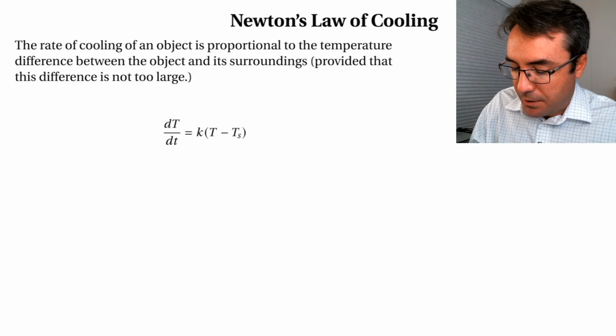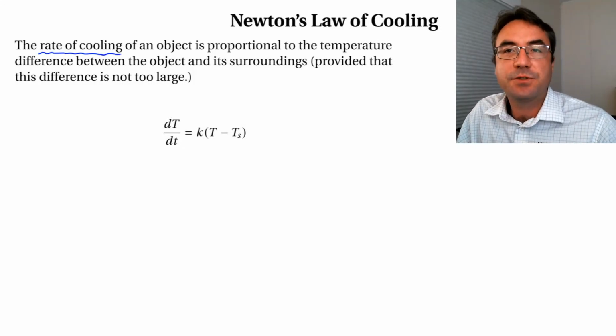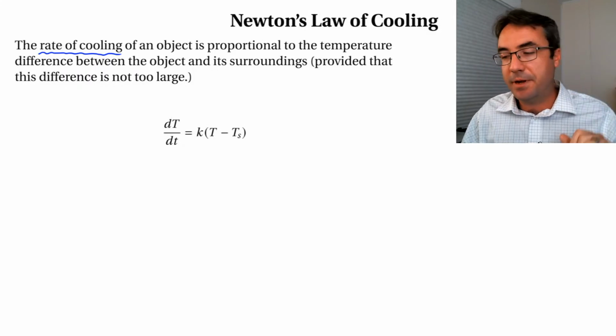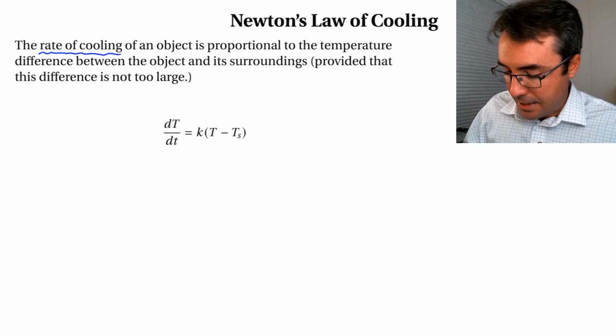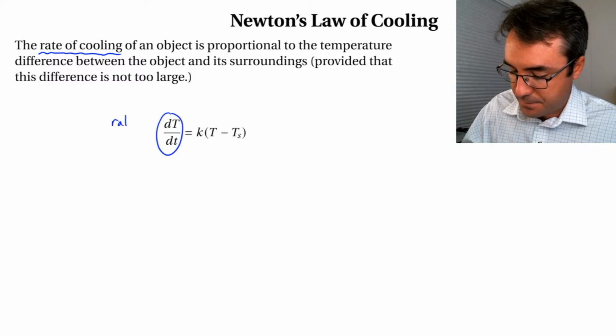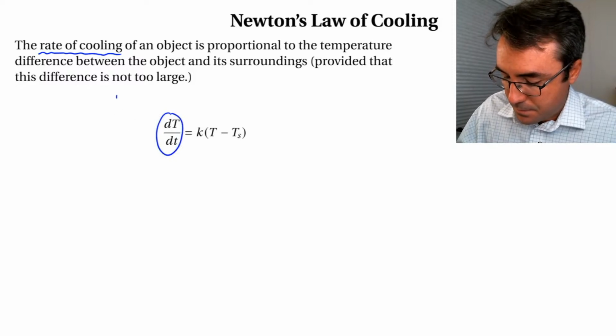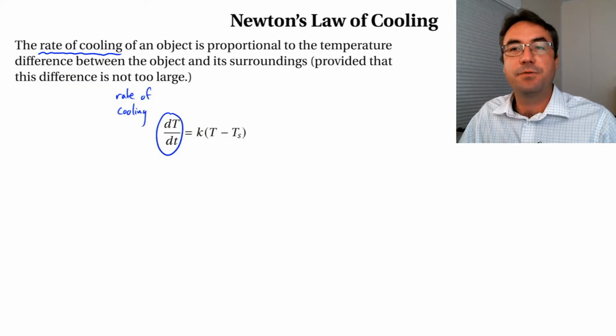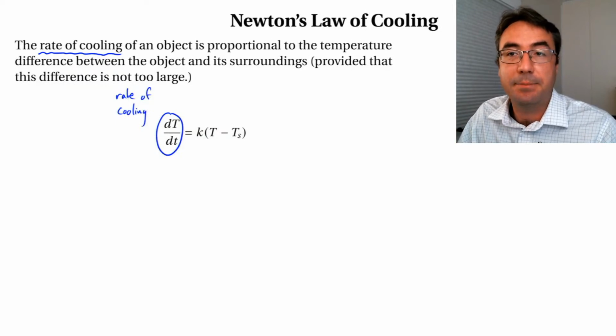So first of all, we see this phrase rate of cooling. So as soon as we see that word rate, we think derivative. And that's what we're seeing on the left here. This is our rate of cooling. It's the derivative of our temperature function with respect to time.